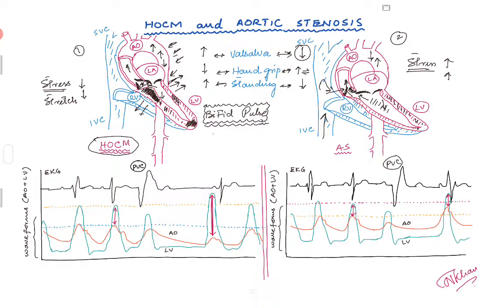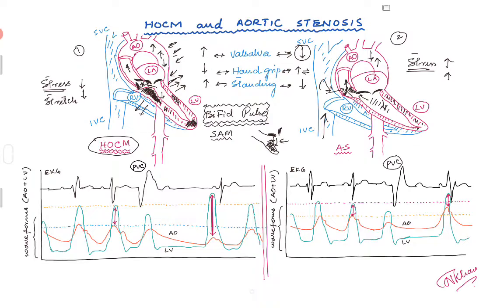Another thing that can happen in hypertrophic obstructive cardiomyopathy is what we call a SAM. It's called systolic anterior motion of the mitral leaflet. Basically what's happening is, as I said, the LVOT is smaller because of the hypertrophied septum, and if you have this mitral valve here, when there is a dynamic outflow obstruction, this mitral valve leaflet might come all the way against the interventricular septum and cause an obstruction, and we call it systolic anterior motion of the mitral leaflet, causing a dynamic obstruction.